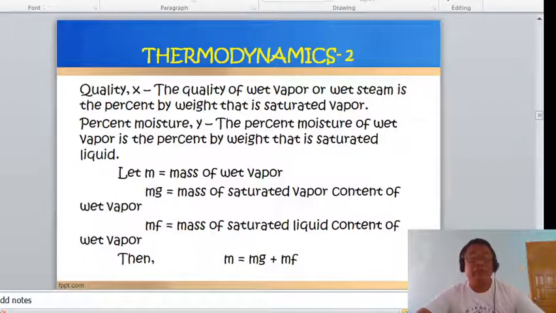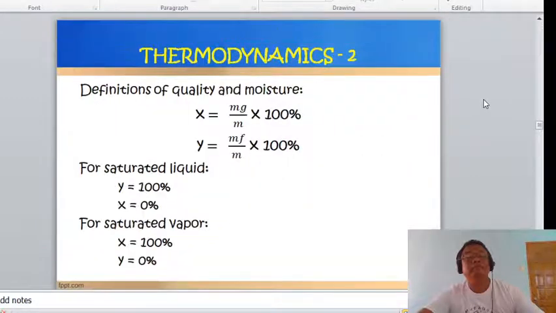So, the mass of the wet vapor. By definition, determining X, the quality, is of course equal to the mass of the vapor over the total mass.